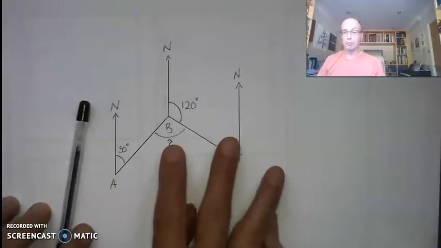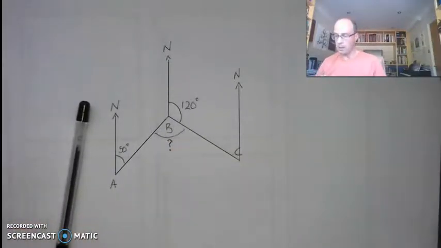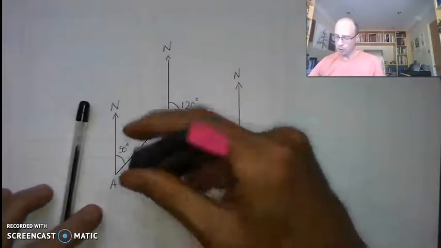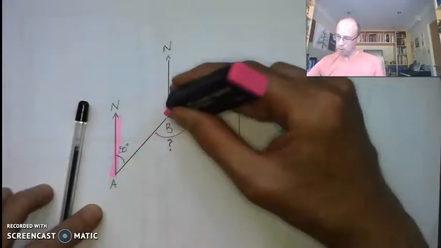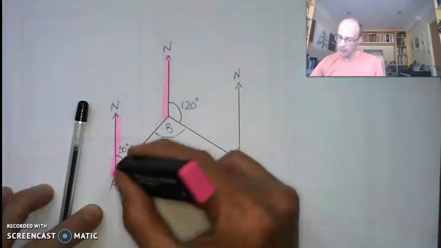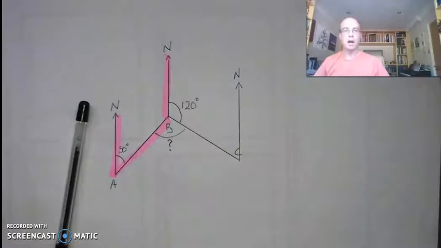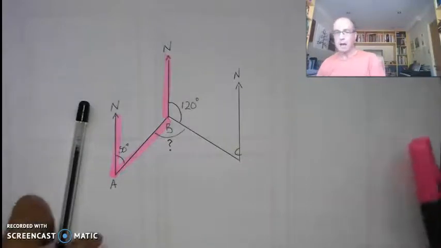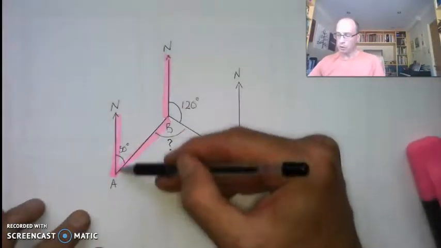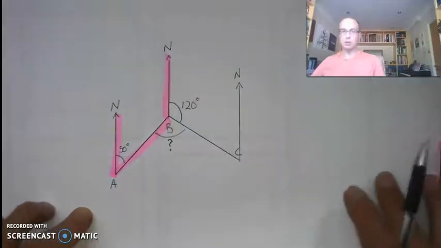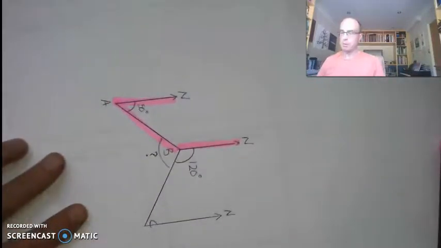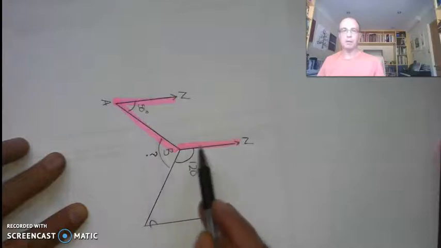I don't know. But what I have got is, I've got 2 northerly lines on here. I've got this one, and I've got this one. And they're connected with this transversal, this line that crosses between 2 parallel lines. And it's formed up a C shape. Again, if I turn that on its side, sometimes people find that a little bit easier to see. I've got this C shape.